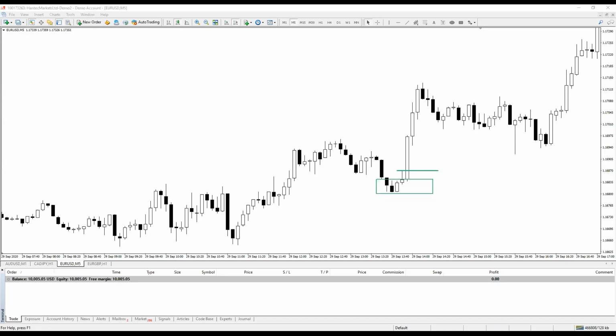Support and resistance, you can draw only after you see that price had reacted to a specific level more than twice. Okay, only after twice you know that you have support and resistance.